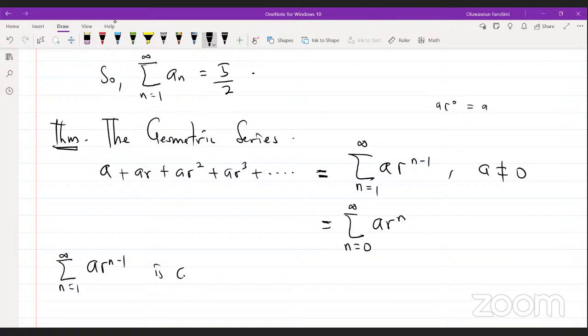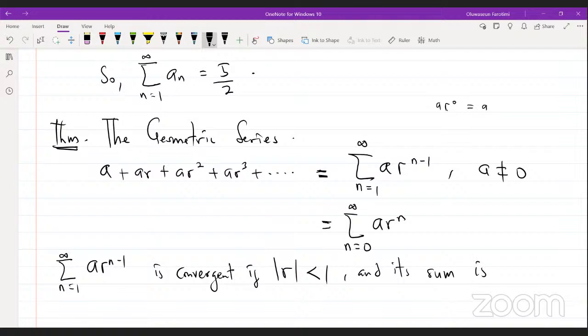This guy is convergent if the common ratio, r, is less than 1. The r is what we call the common ratio. Now what do we mean by sum?